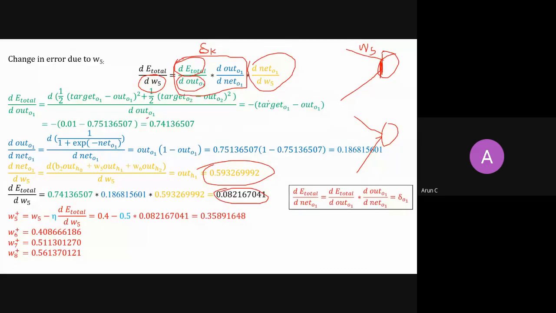I have calculated a derivative, and I am multiplying this derivative with some step size, that is eta in stochastic gradient descent, right? And then I'm subtracting this step from the actual weight, which is 0.4, and this is my new weight W5. I do this update similarly for W6, W7, W8 after calculating the derivatives.